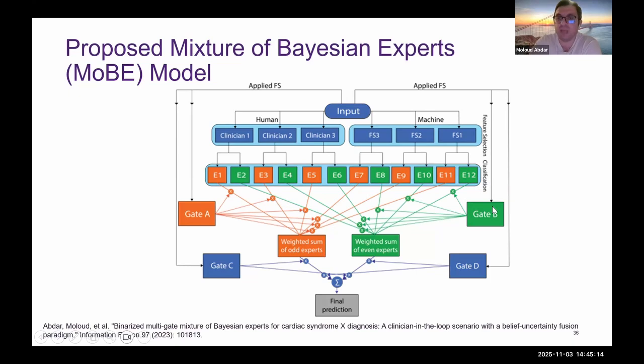As you can see, we have the same multi-stage gating to give the prediction. Here odd and even experts are calculated. You see E1, E3, E5, 7, 9, and 11 in orange, and E2, 4, 6, 8, 10, and 12 in green. We try to separate them and combine the beliefs from different experts, for human-machine integration predictions.